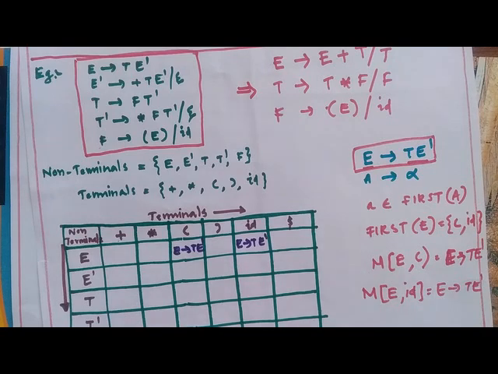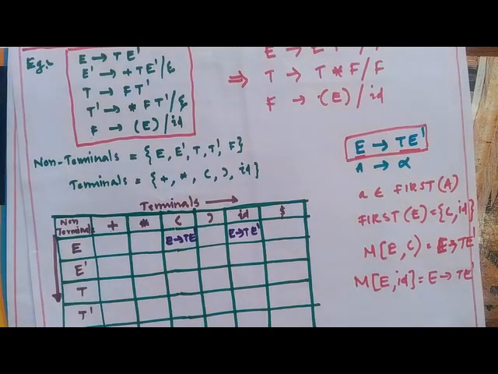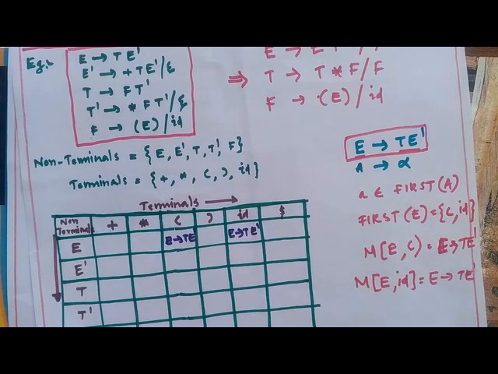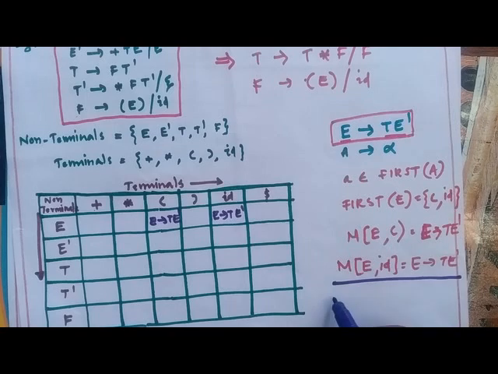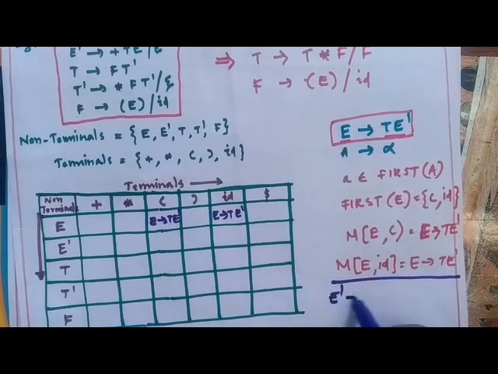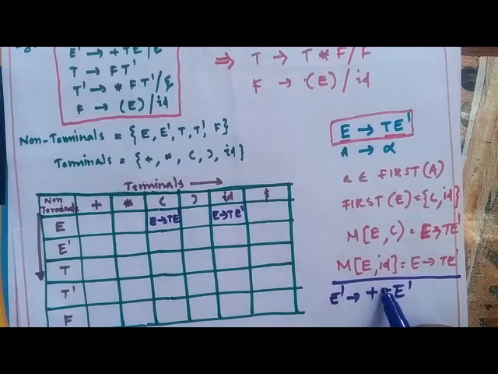Okay, fine. Then the next rule is E dash gives plus T E dash.